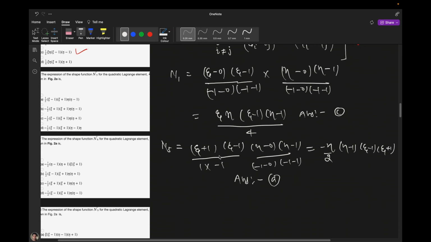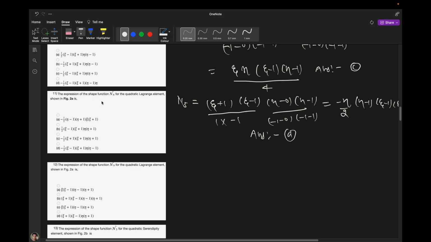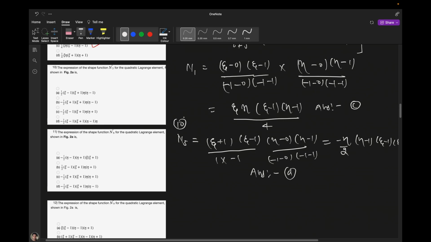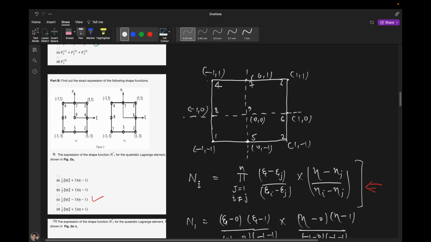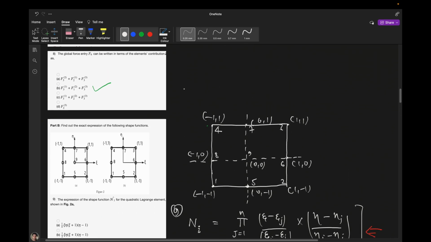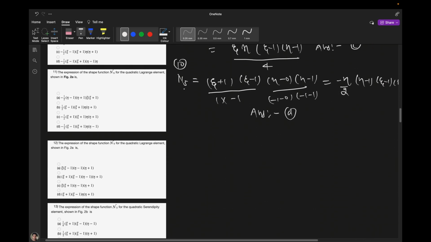Okay. Now it is asking problem number 11. This was the problem number 10. This was the problem number 9. Okay. Now it is asking problem number 11. What will be the n6? Okay.